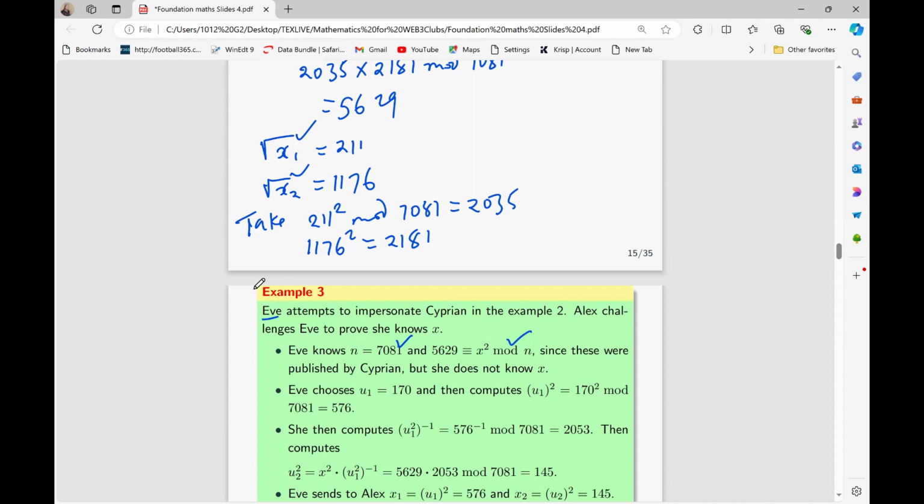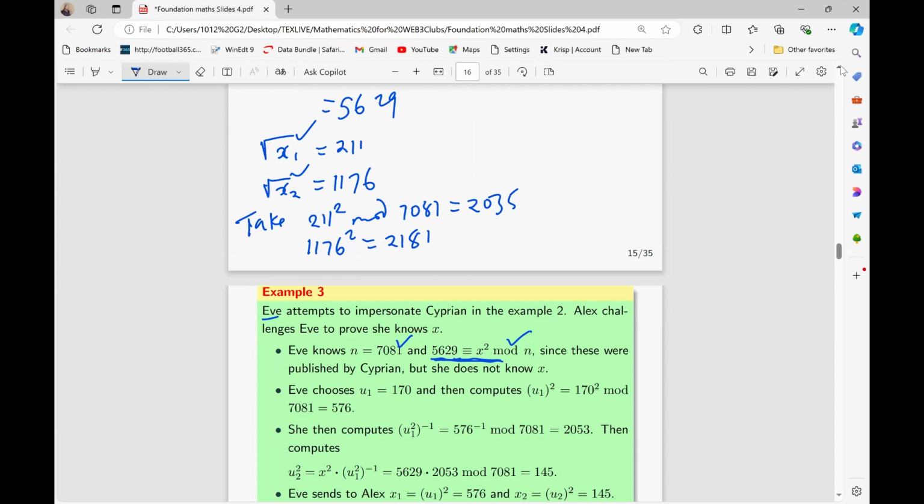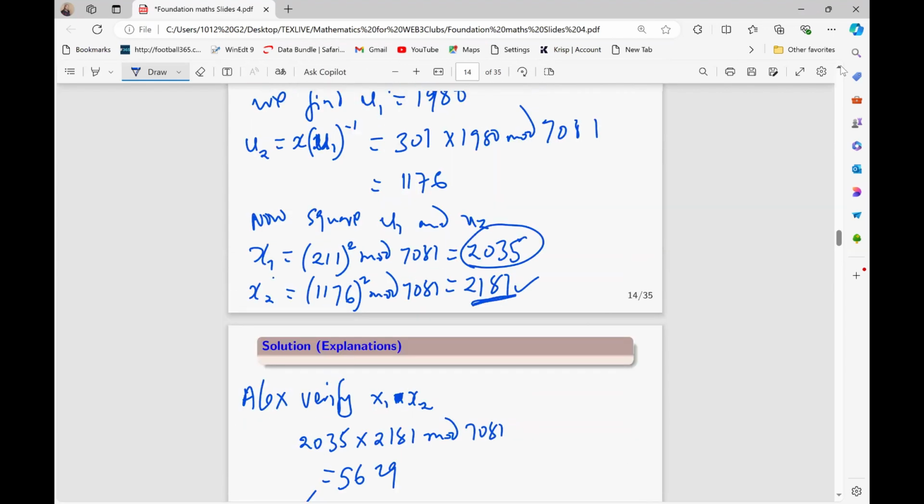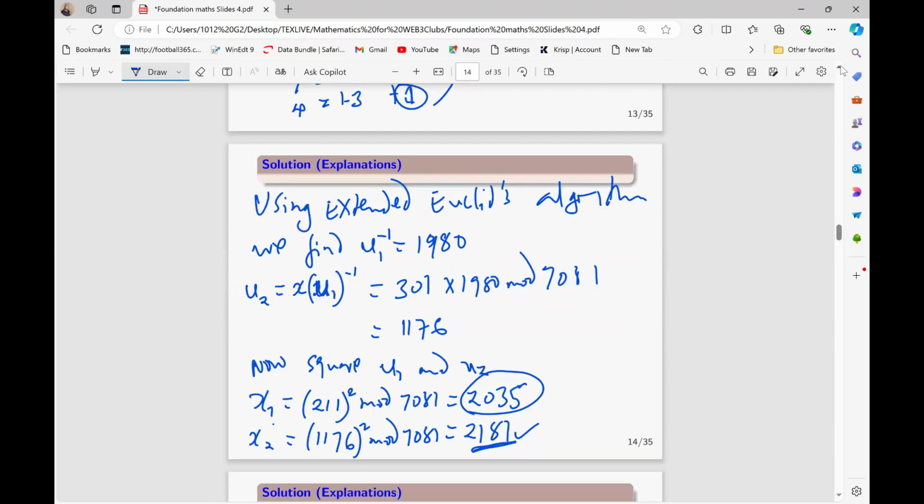Now, the first thing she's supposed to convince Alex of is that she can find this 56. Because of course, that is what Cyprian did initially. The first thing Cyprian did was to convince Alex that he can get 56. Because when he sent Alex X1 and X2, Alex was able to get their product.